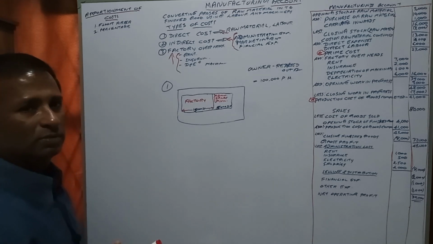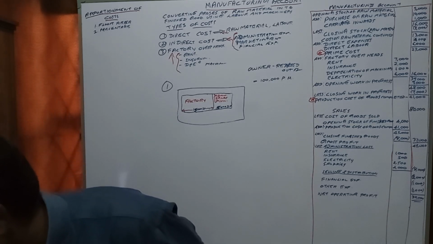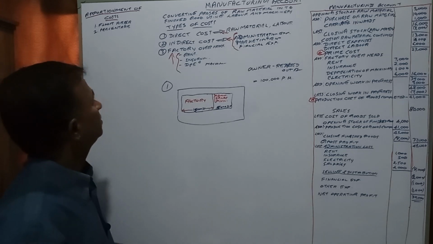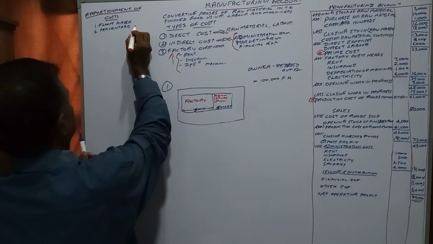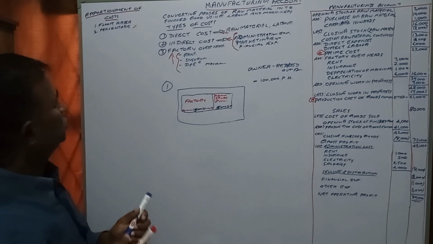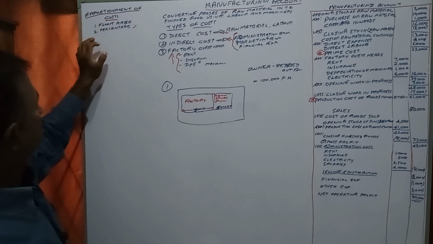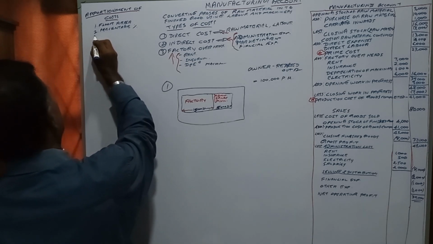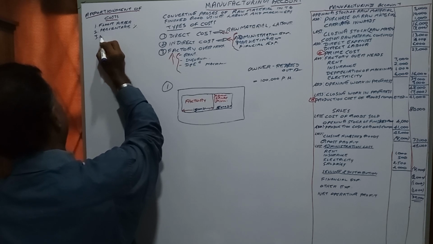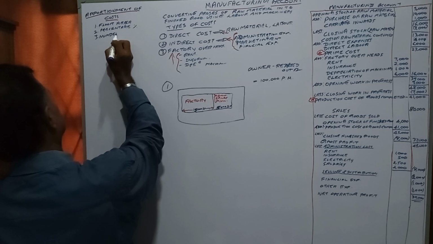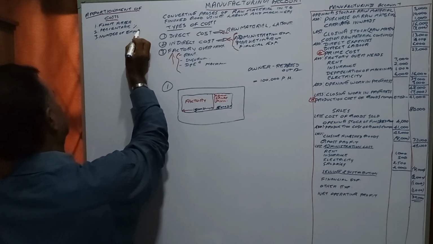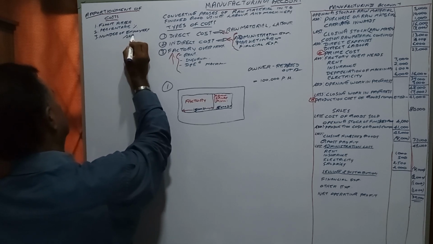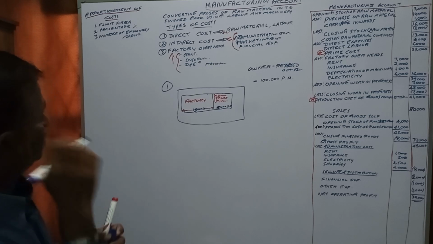We can apportion the cost based on floor area, percentage, and third one, number of employees or labor.